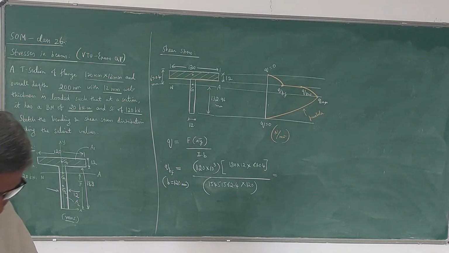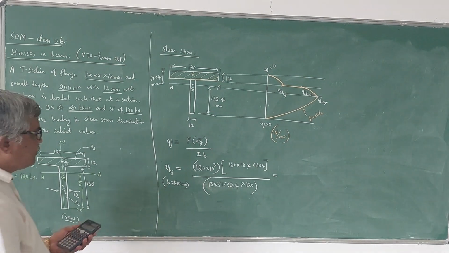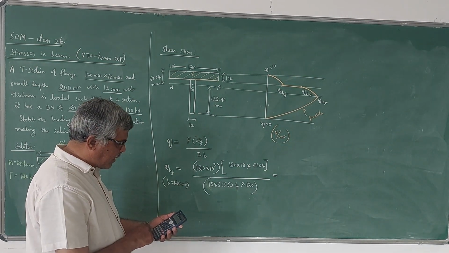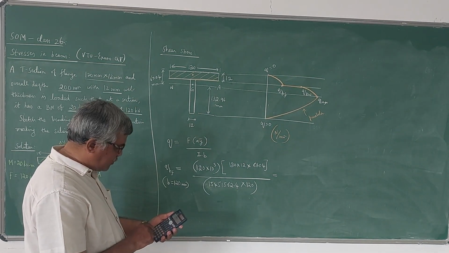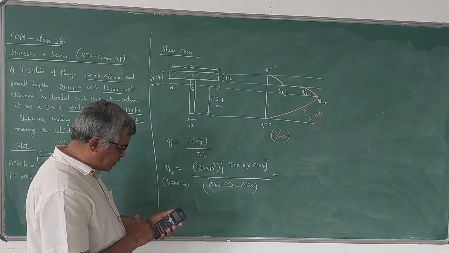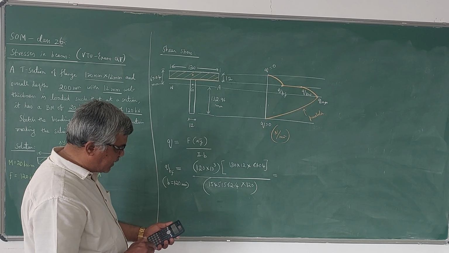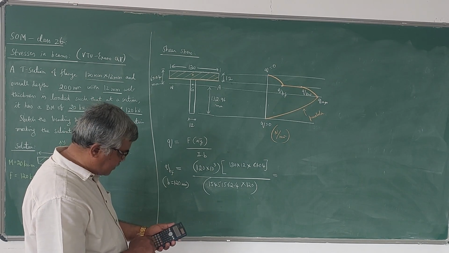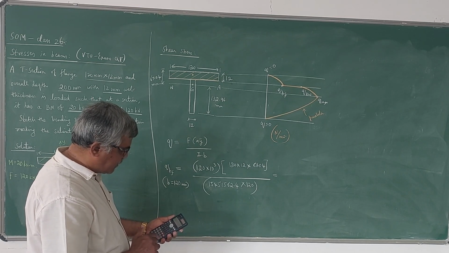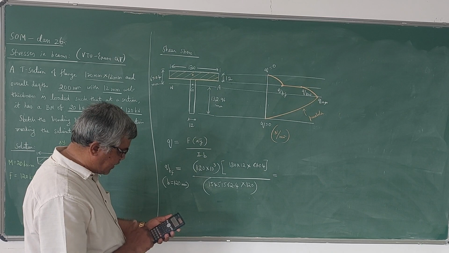Now let us calculate this. 120 into 10 cube into 120 into 12 into 61.04. That is the numerator, divided by 154,515,62.4, divided by 120.